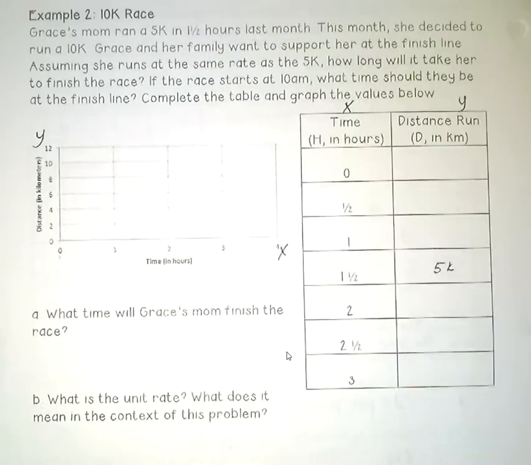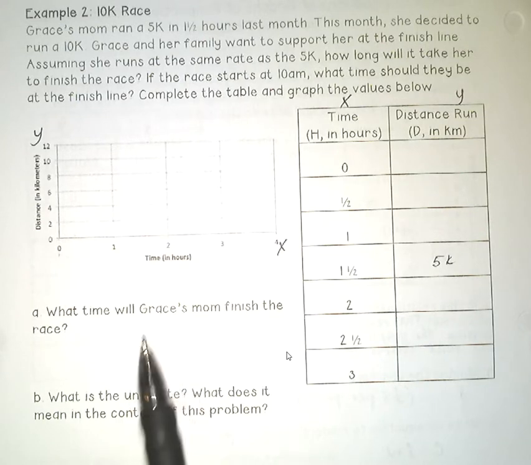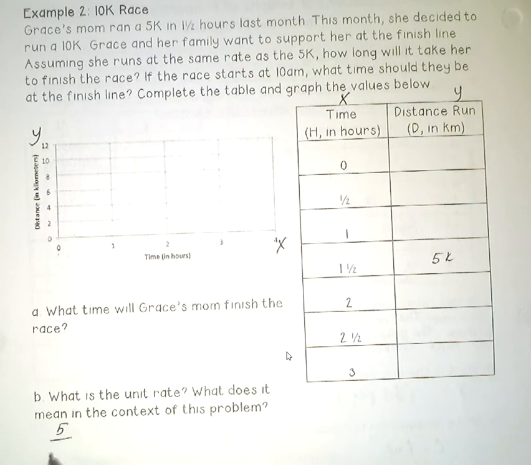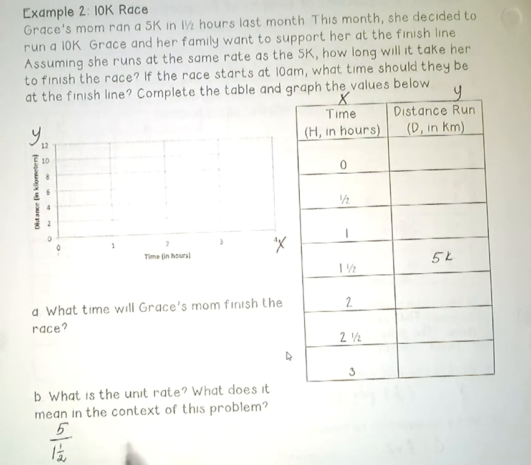So instead of answering A, we are actually going to answer B first. We are going to find the unit rate of kilometers per hour. So we are going to divide 5 kilometers by 1.5 hours, which is 5 divided by 3 halves.